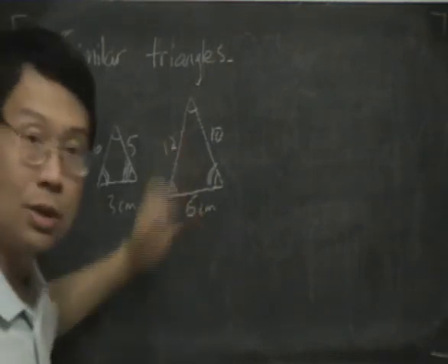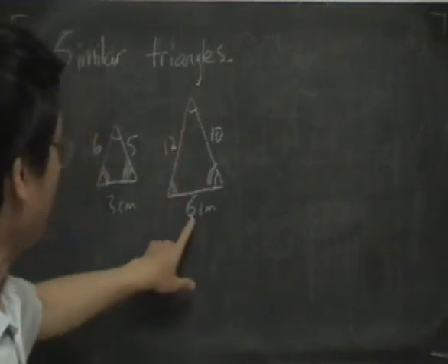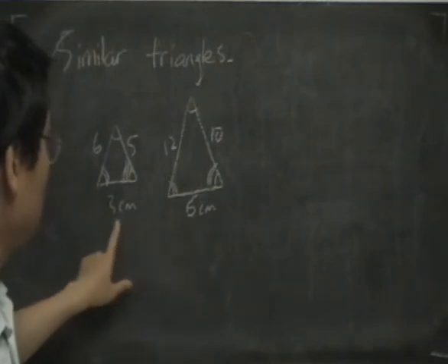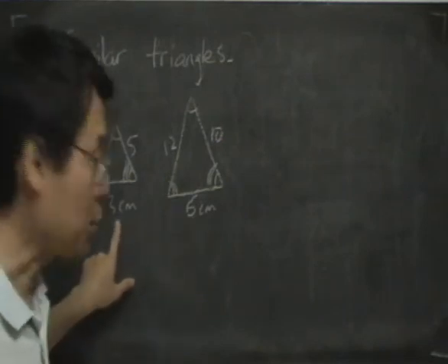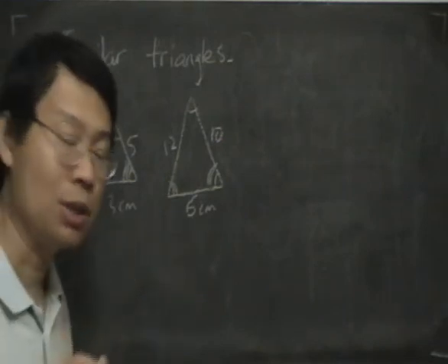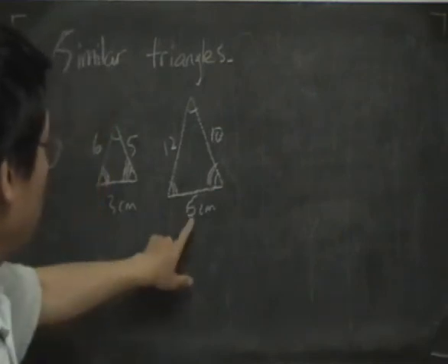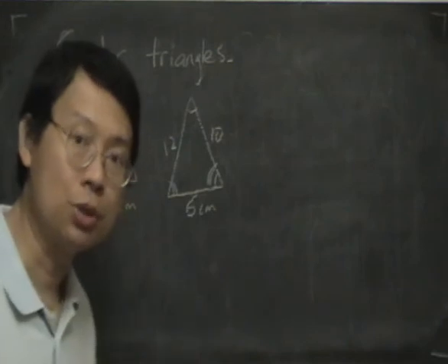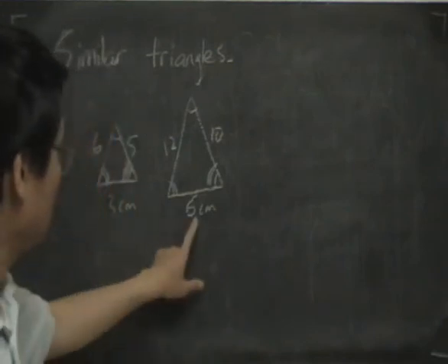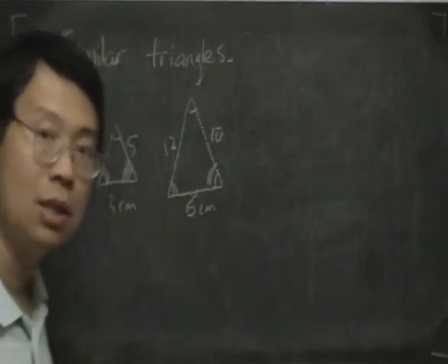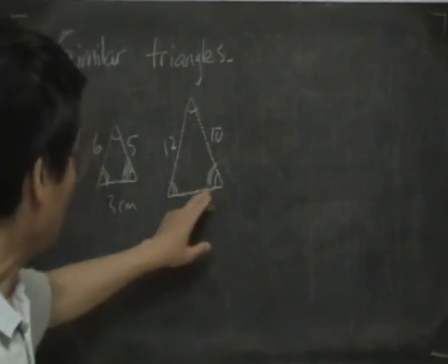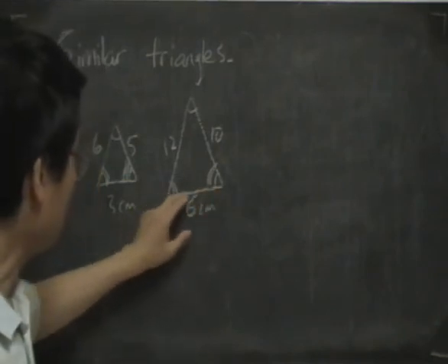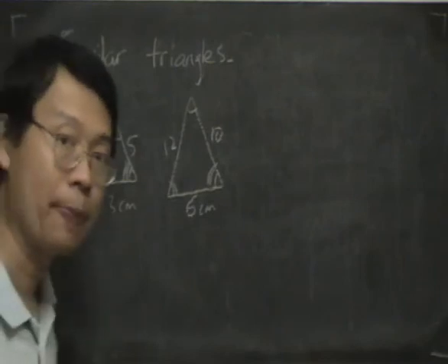Now in similar triangles, the ratios of the corresponding sides must be equal. If you look at these two sides, for example, 6:3, the ratio is 2:1, right? This is twice as big as that. And this side corresponds to this side, right?